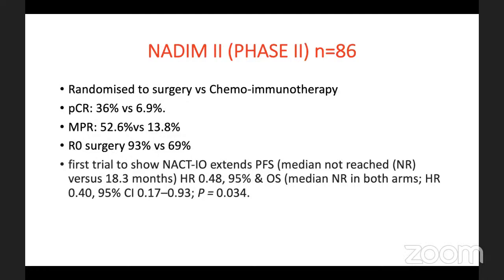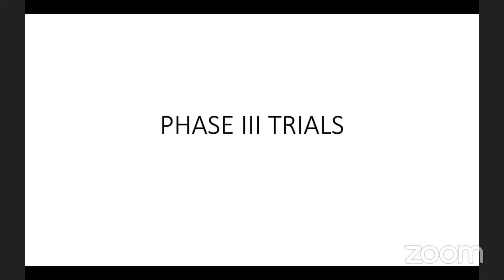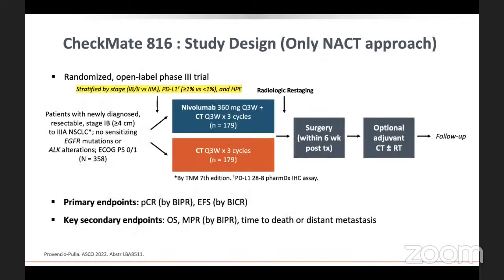Both were significantly improved. Now came the phase 3 trials, the most important phase 3 trials, which tested immune checkpoint inhibitors only in the neoadjuvant setting, but did not allow any maintenance with immune checkpoint inhibitors: the CheckMate 816 trial. This was an open-label phase 3 trial.